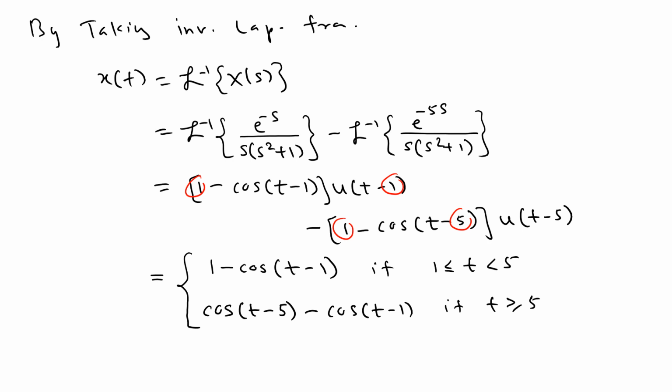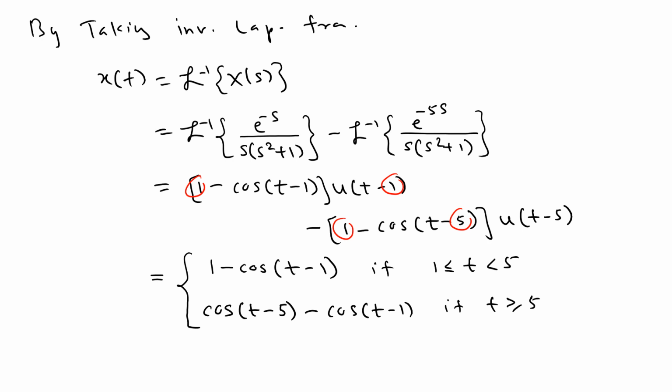So what we did, we considered different cases. If t is less than 1, everything is 0, so you don't get anything, it's just 0. In between 1 and 5, you have only the function 1 minus cosine(t minus 1). And if t is greater than 5, both switches are on, so you can simplify the two functions, the 1 gets cancelled, and you only end up with the other function.